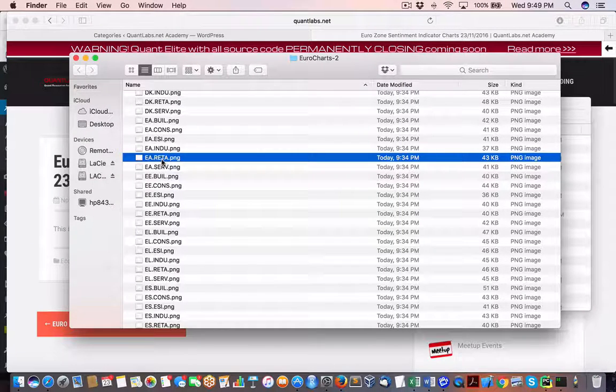That would mean you would have a short and a long. It would pick out the one with the strongest momentum, and that would be considered a long for that country in that sector. And then of course we have our short as well, which would measure the short opportunity.